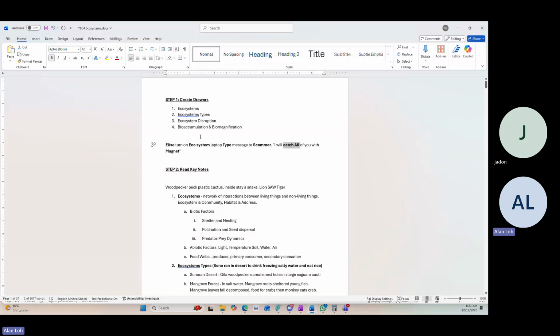I'll catch all of you, accumulate all of you with magnet. So magnification, I put it as sounds like magnet, then it's magnet. So is it easier for you to remember the 4 drawers now? Yeah. Elise, turn on ecosystem laptop, type message to scammer. I will catch all of you with magnet.